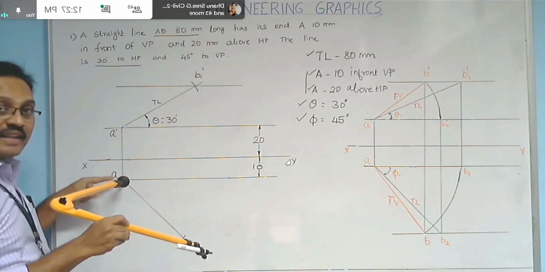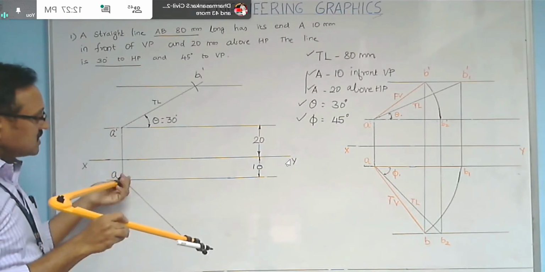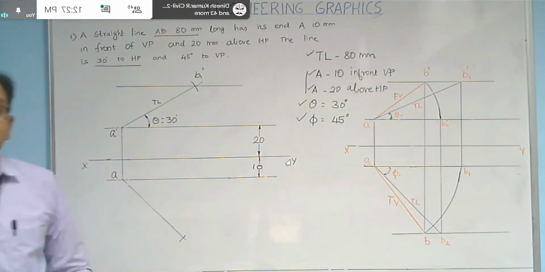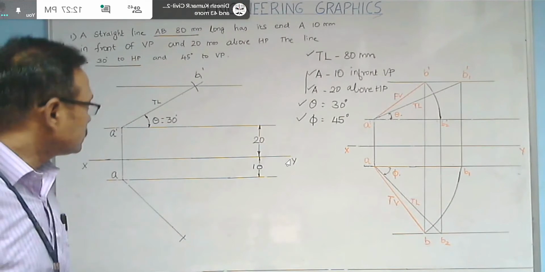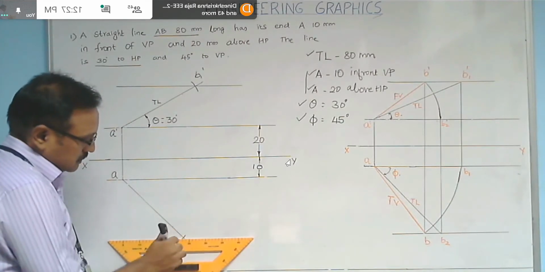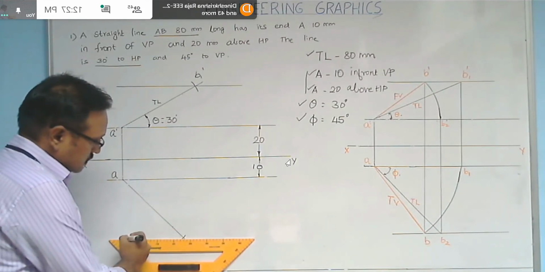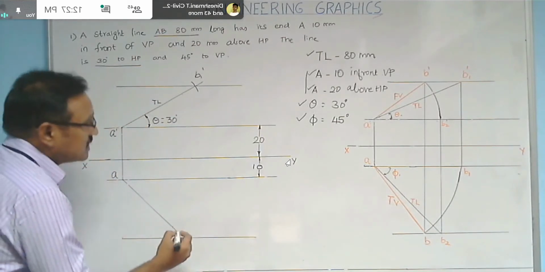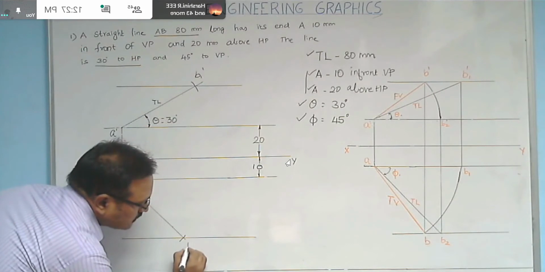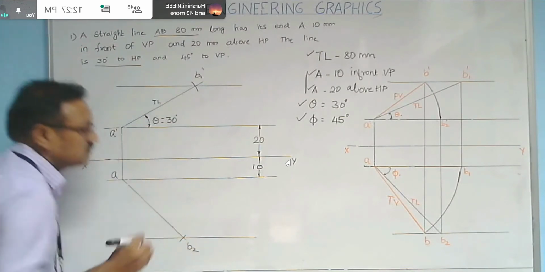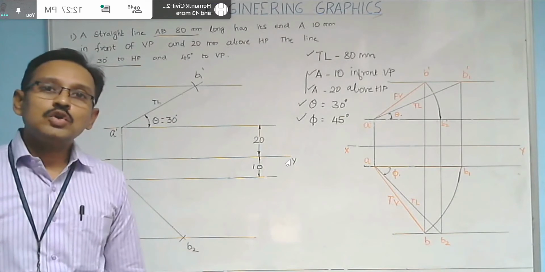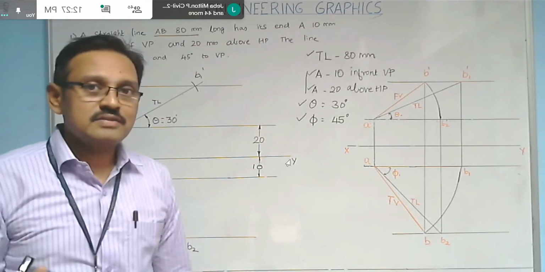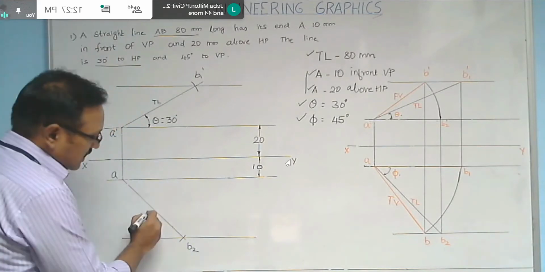So with this point A as center and 80 mm as radius, I have drawn an arc here. Now again you draw a locus through this point, and this can be named as B2. Now this represents again the true length of the line.